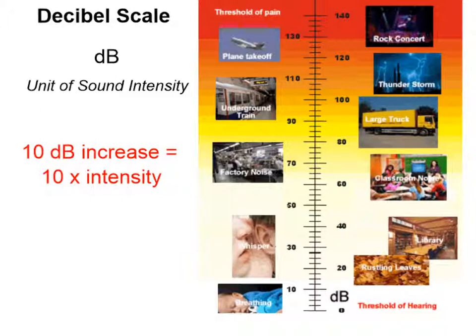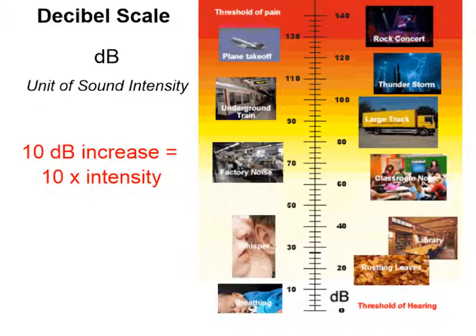Every increase in 10 decibels on this scale represents a 10-fold increase in intensity. That means if you're looking at the difference between 30 decibels and 40 decibels, the 40 decibel sound is actually 10 times more intense than the 30 decibel sound.